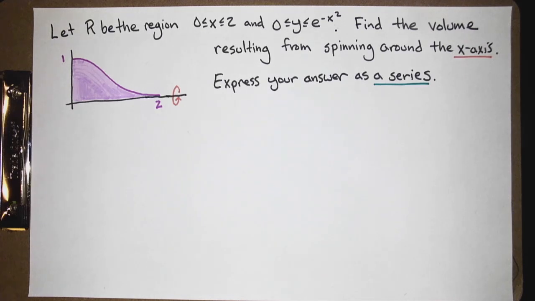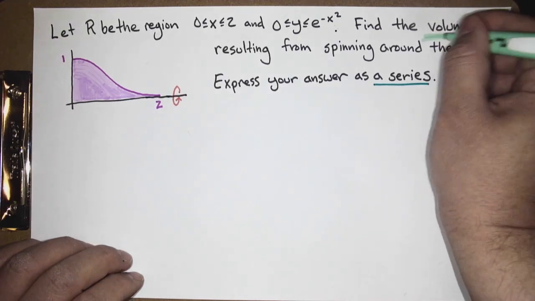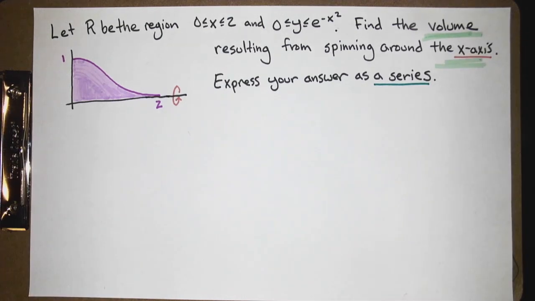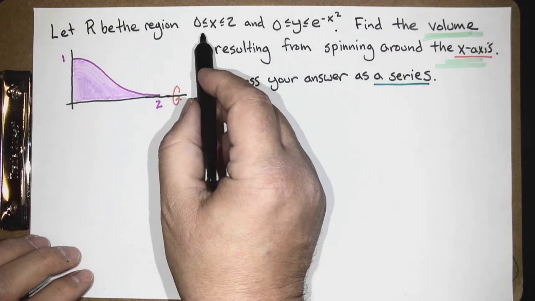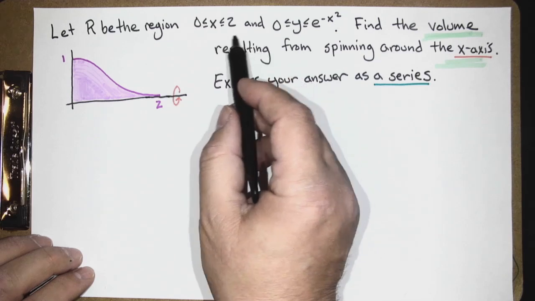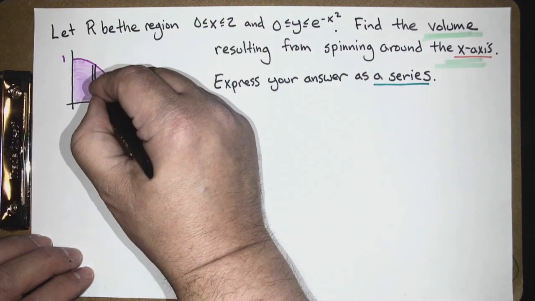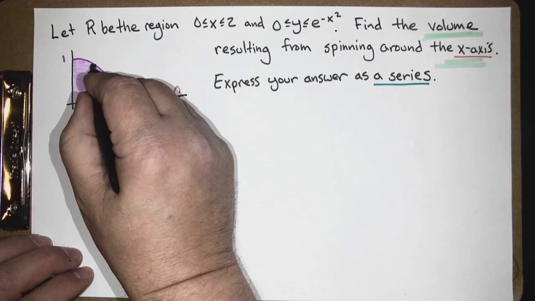Okay, so first thing, we're asked to find a volume. Okay, throwback. And we're going around the x-axis. So first thing we should do is set up our volume. Now, because of the way our region is described, y is a function of x, we're tempted to say we should slice in this way.